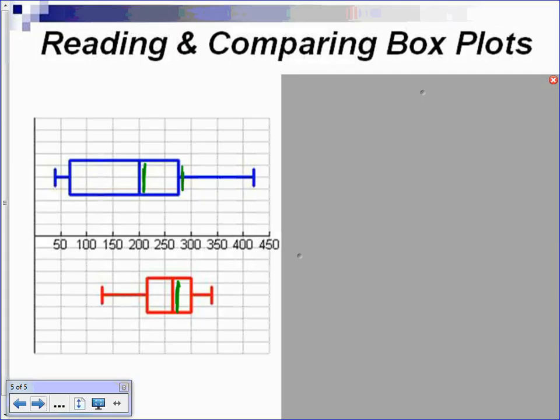Which one has a higher third quartile? The red one. Which one has a higher first quartile? The red one. And which one has a higher minimum? The red. The only thing that the red loses on is maximum, right?